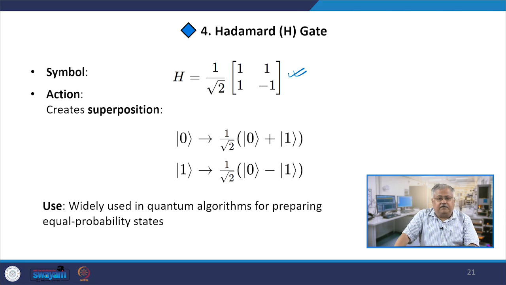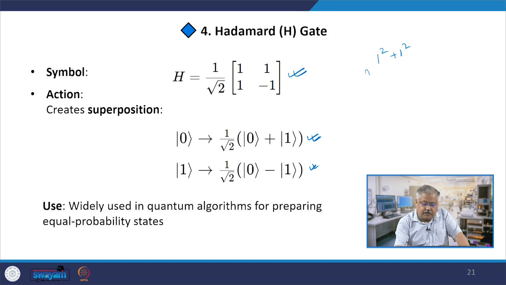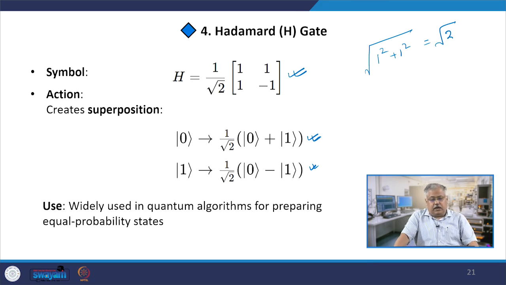The 0 state becomes 1 by root 2 times the sum of the ket 0 and ket 1 vectors, and the 1 state becomes 1 by root 2 times ket 0 minus ket 1. So this is 0 plus 1, this is 0 minus 1, and the root 2 comes from the fact that it is the square root of 1 squared plus 1 squared, and that is root 2. This has been widely used for understanding the equal probability of states, and it gives you quite an interesting idea about what the probability of the state will be.